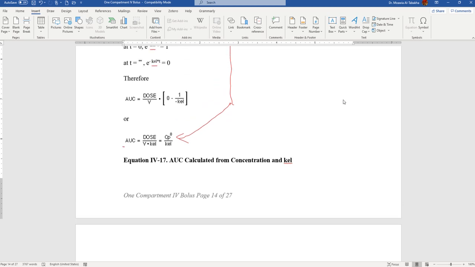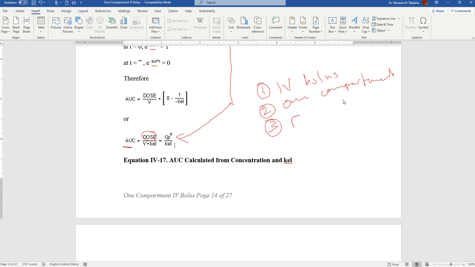So if you see what AUC is, AUC is equal to dose, and remember here our assumption is one: we are giving an IV bolus. Second assumption, it's one compartment.